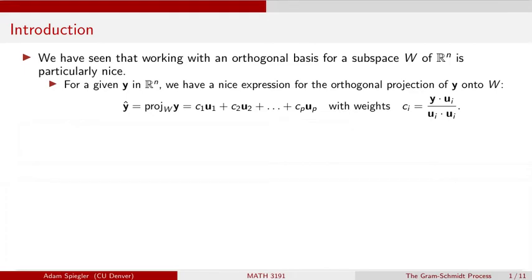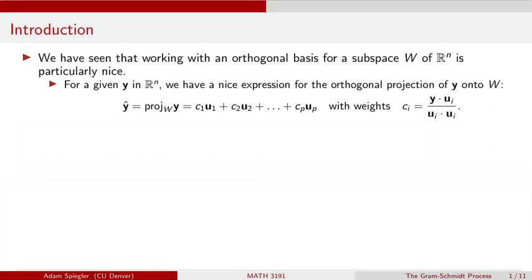Well, what makes it nice is that finding the projection of y onto a subspace W becomes much easier when we work with an orthogonal basis for W, in that we get a nice formula for finding the weights that we need to combine the orthogonal basis vectors to find this projection of y onto the subspace W. Namely, those weights, Ci, we get by taking the vector y inner product with ui, and then we divide that by the inner product of ui with ui.